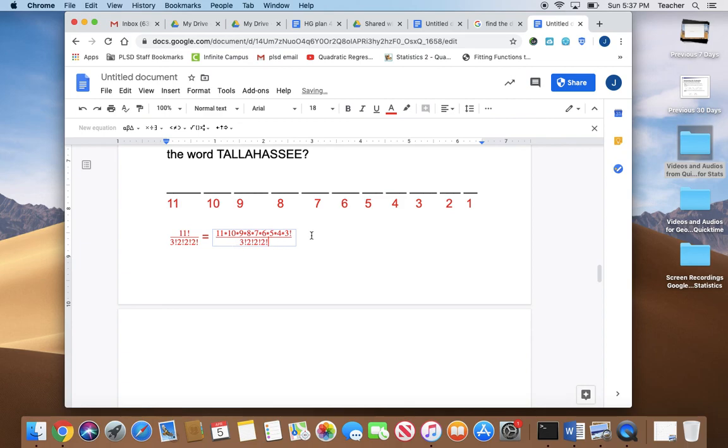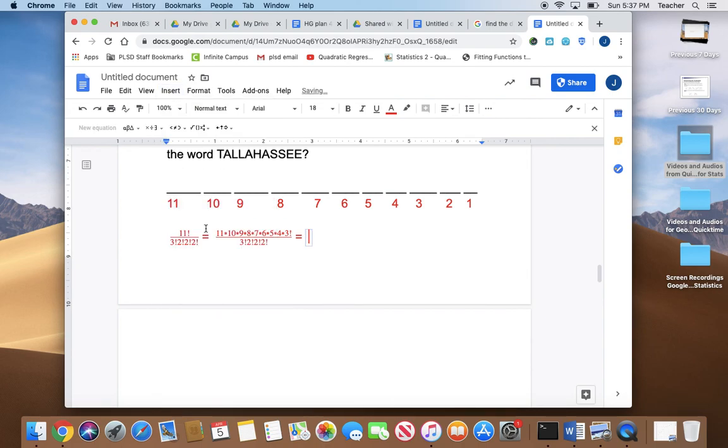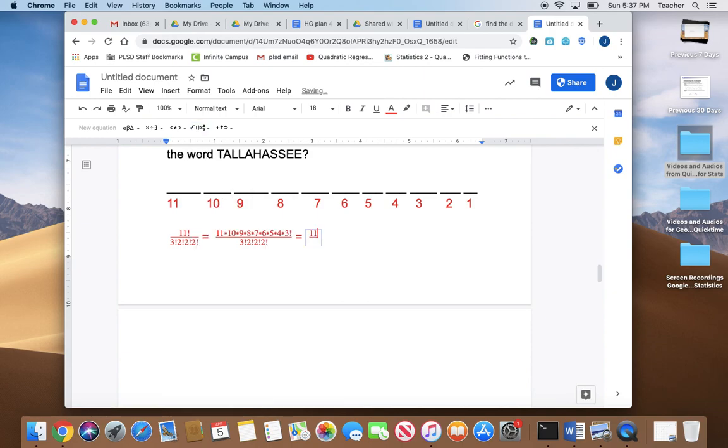My 3 factorials can cancel, and so that would be equal to 11 times 10 times 9 times 8 times 7 times 6 times 5 times 4, and I canceled my 3 factorial, divided by 2 factorial times 2 factorial times 2 factorial.